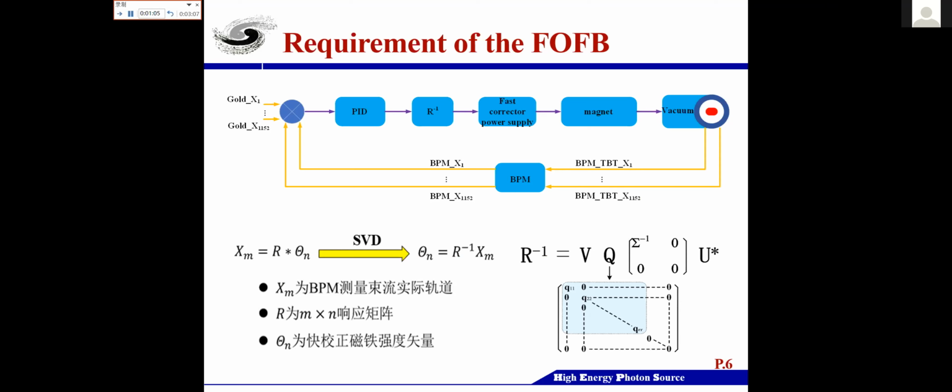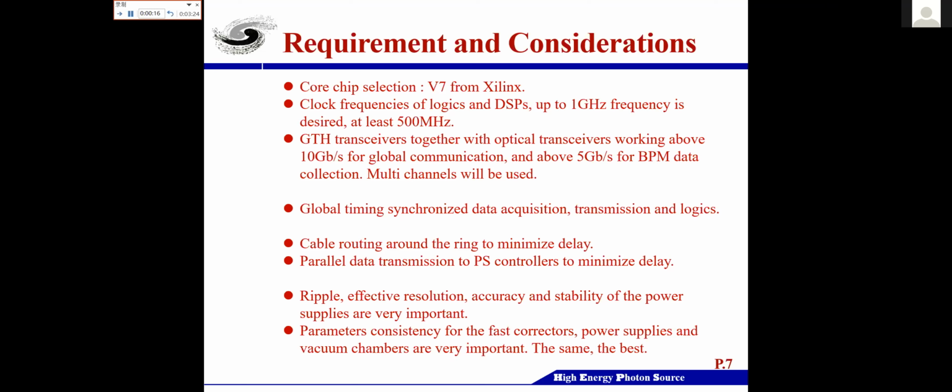So there is a requirement, and we should consider it. It is necessary to comprehensively consider the whole time consumption, including the speed of the BPM data acquisition, the delay of the global BPM data distribution and the communication, and other factors.